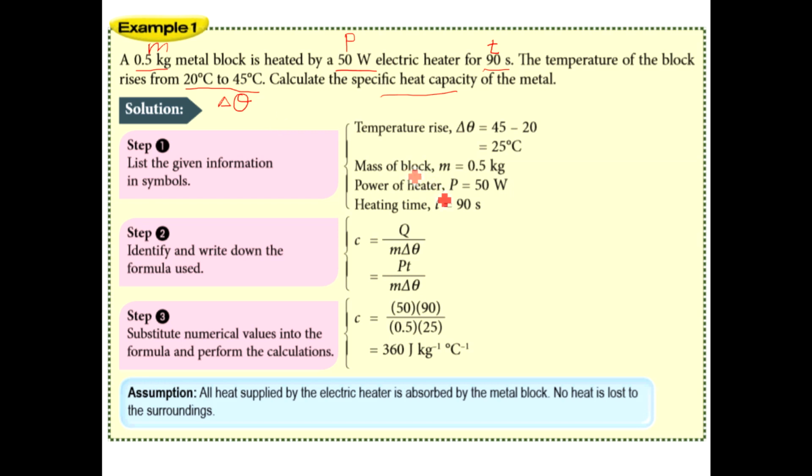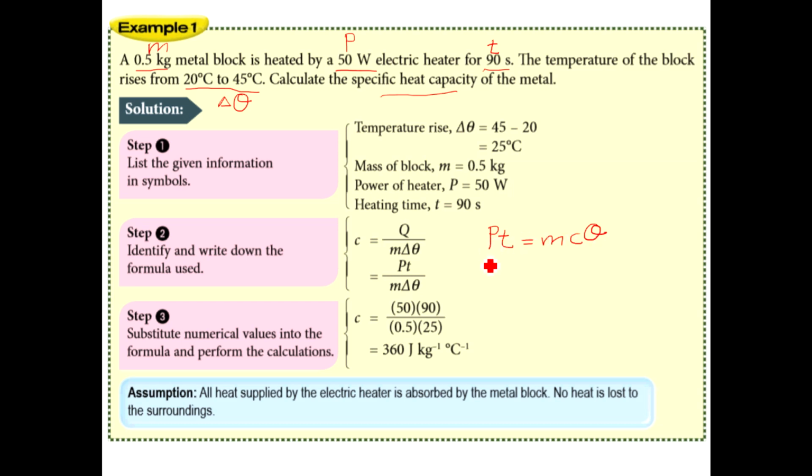Now you can use the formula. Since the change of energy is from electrical energy to heat energy, you can use the formula PT equals Q, which is mc delta theta.